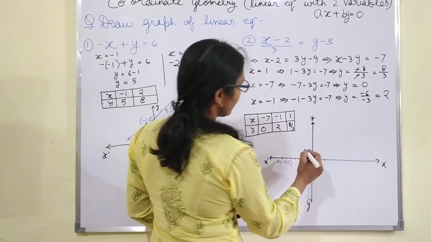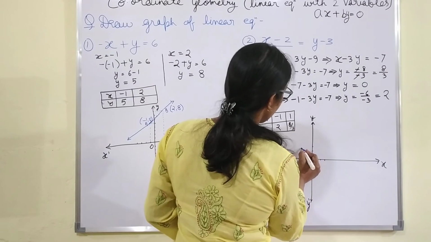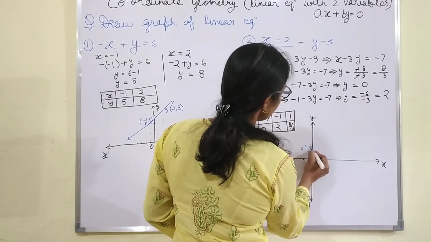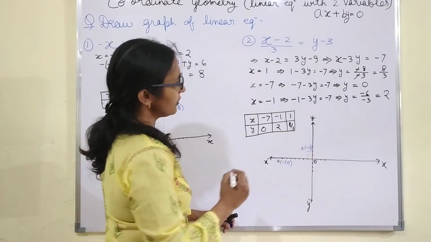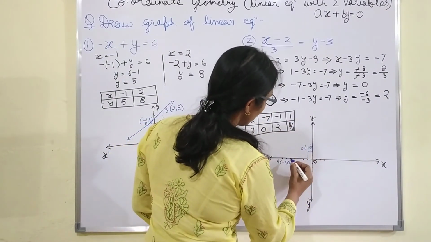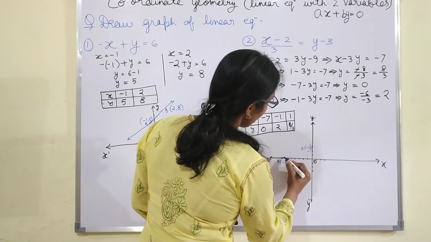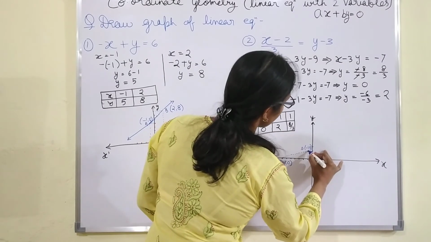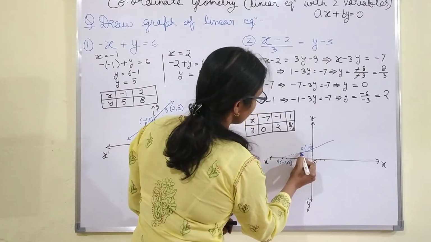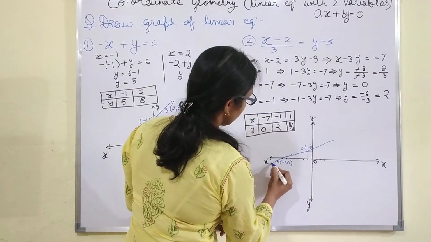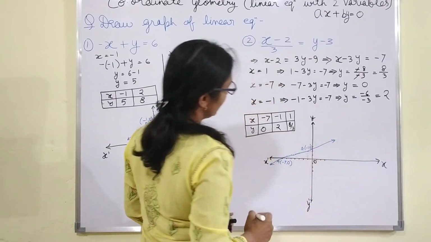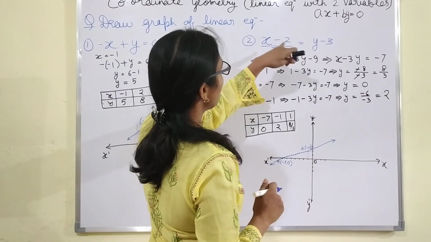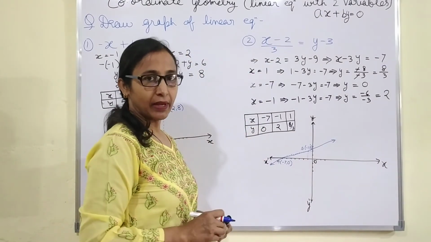Okay. So we got point B, that is minus 1 and 2. Now we will draw a line from these points. Okay. So we got the graph for equation x minus 2 upon 3 equals to y minus 3.